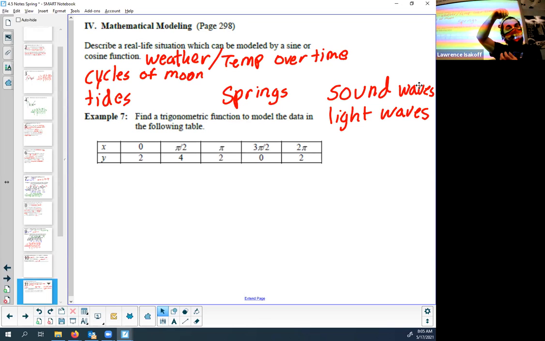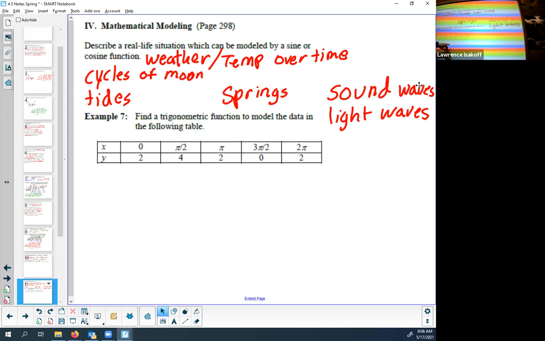When we talk about the motion of like if I had a spring and I pulled it down and let it go, it keeps oscillating up and down. Springs follow these curves beautifully. The tides, as the tide goes in and out, that follows sine and cosine curves. Sound and light waves, they're waves. They follow these wave functions beautifully.